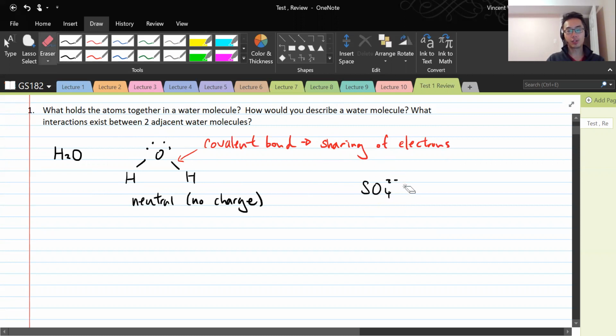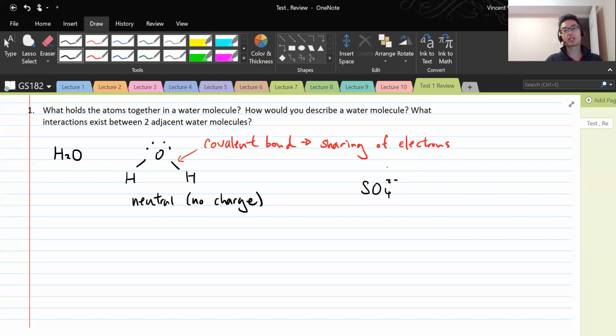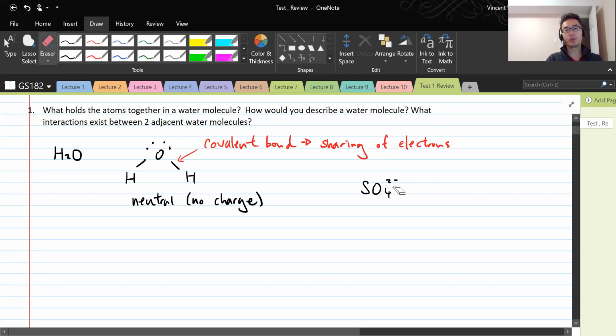So that is a charged molecule because overall, there is an imbalance between the number of electrons and the number of protons. So you have an overall charge of 2 negative, meaning you have 2 extra electrons in the entire molecule. But as for the water molecule, it is neutral, okay? But we will say that it is polar.